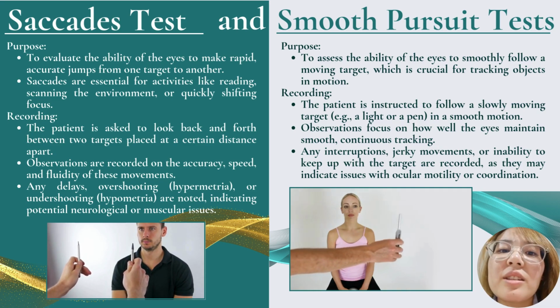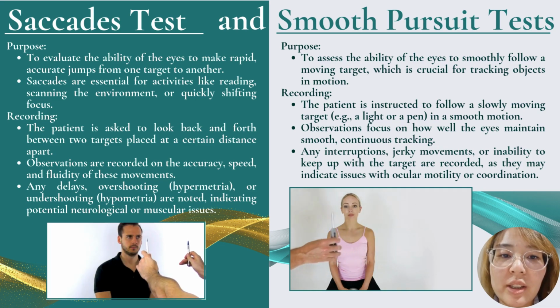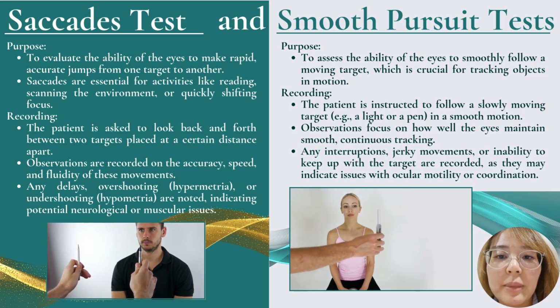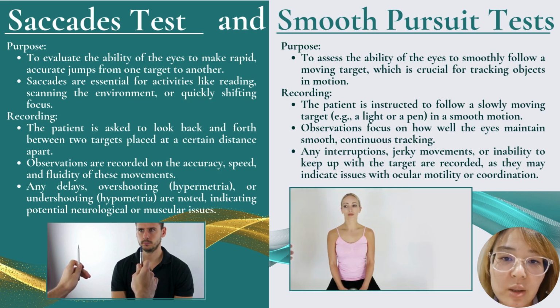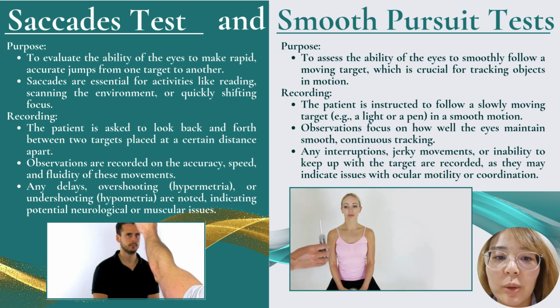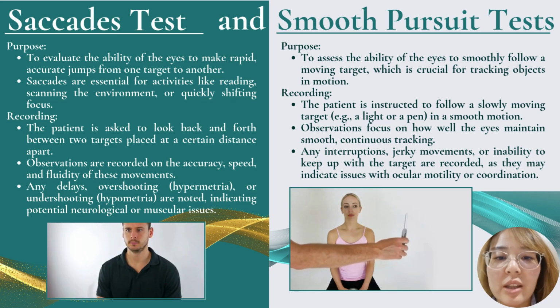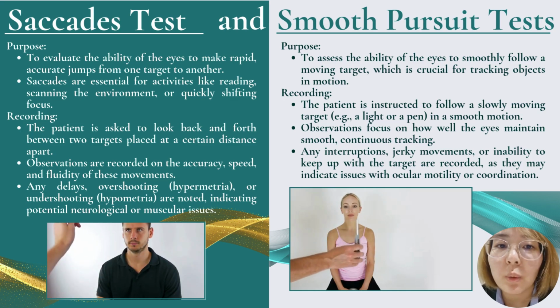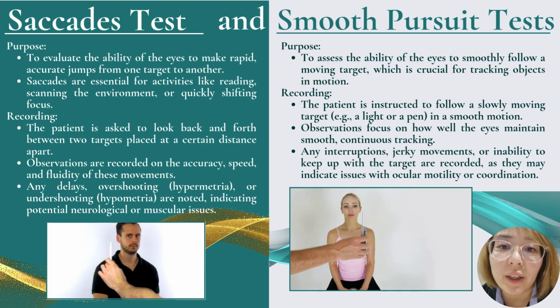The saccade test is designed to assess the eye's ability to make rapid, accurate jumps from one target to another. This ability is essential for activities that require quick focus shifts, like reading or scanning the environment. For this test, the patient is asked to look back and forth between two targets placed at a certain distance apart.